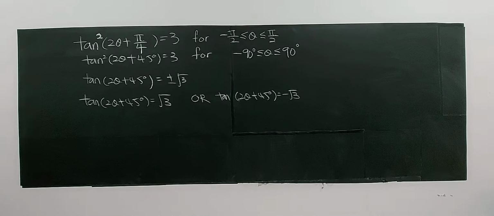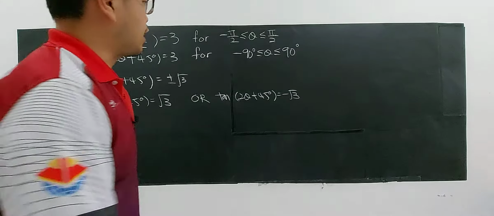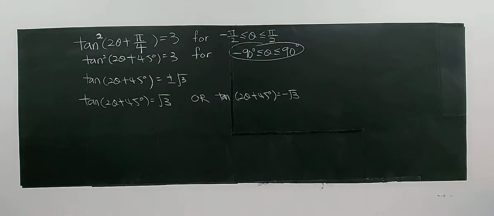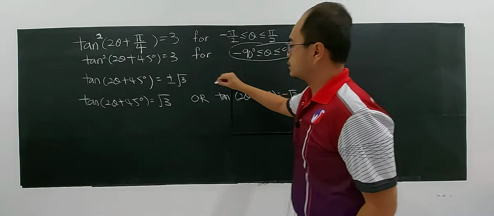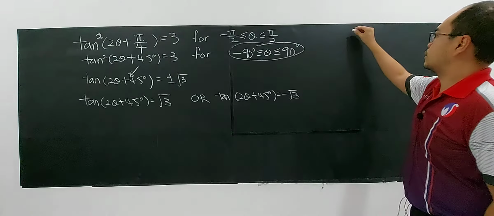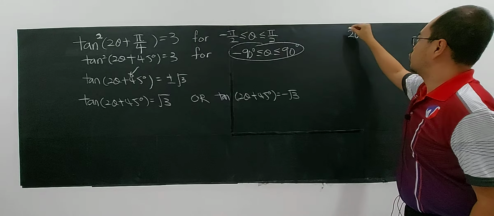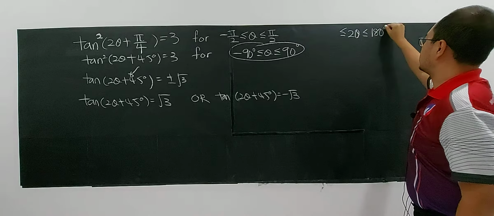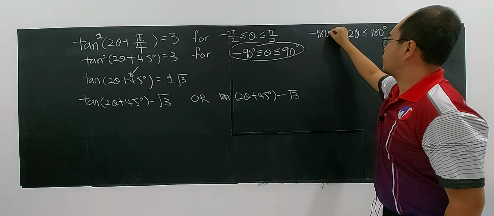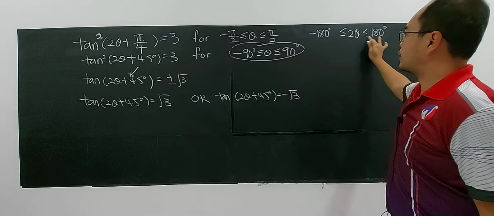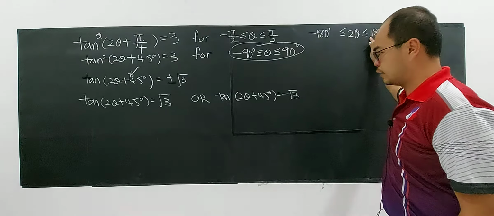Before solving this equation, we have to consider the range of theta. In this case, the range will be for 2 theta plus 45 degree. So you have to multiply by 2 first, giving 180 degree and negative 180 degree. This means 2 theta is between negative 180 and 180.